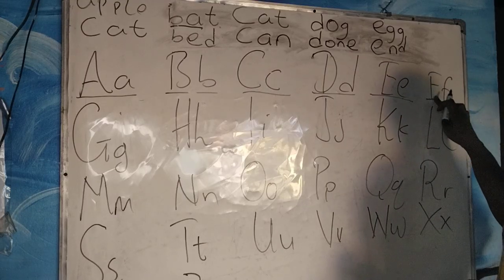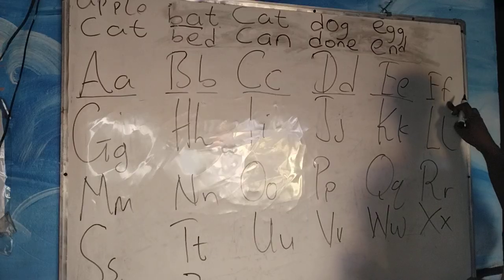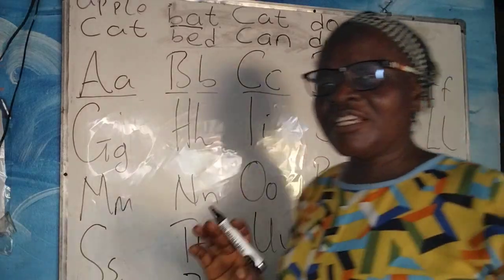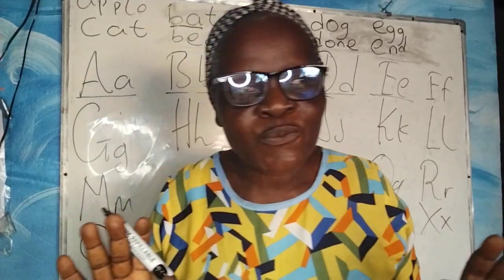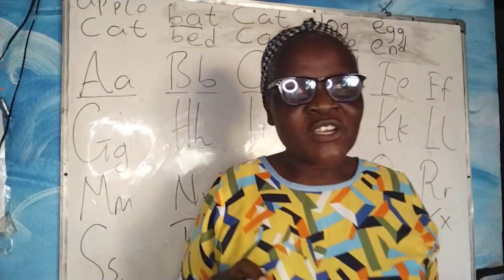Capital letter F and small letter F. Anywhere you see this letter F, just say as if the tire is leaking.